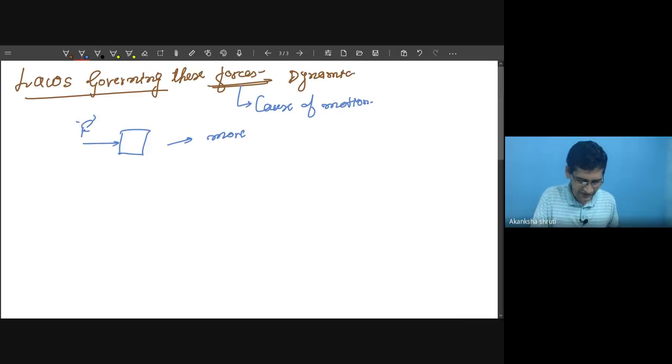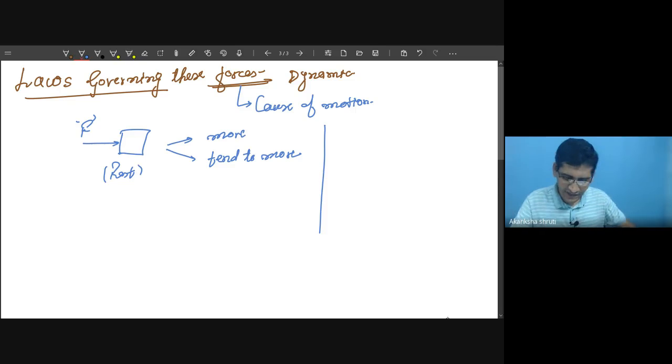Initially I am considering this at rest, or it will tend to move. But if the body is already in a moving situation, means it is in motion, then the force is applied.